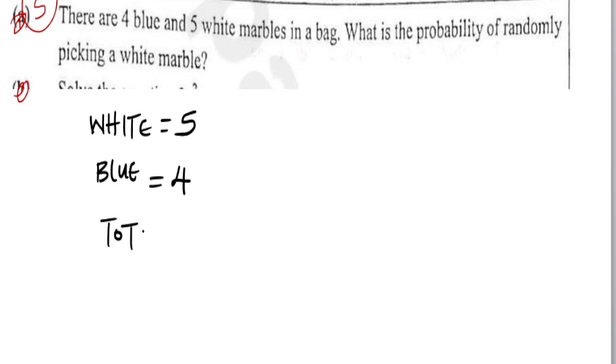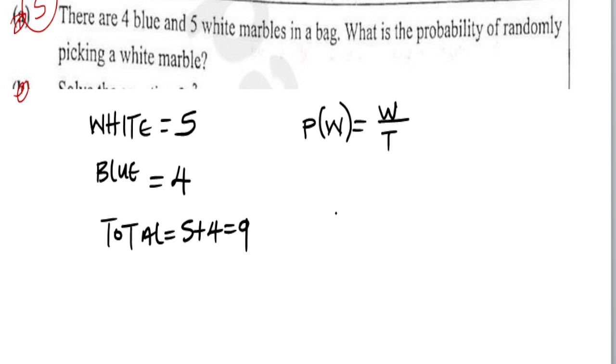Then the total number of marbles is 5 plus 4, which is equal to 9. The probability of randomly picking a white marble will be equal to the number of white marbles over the total number of marbles. The white marbles are 5, the total is 9. So this is 5/9. That's the answer.